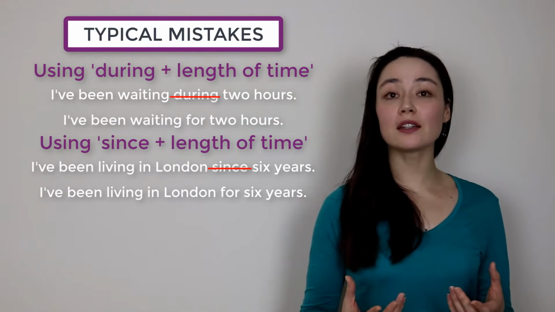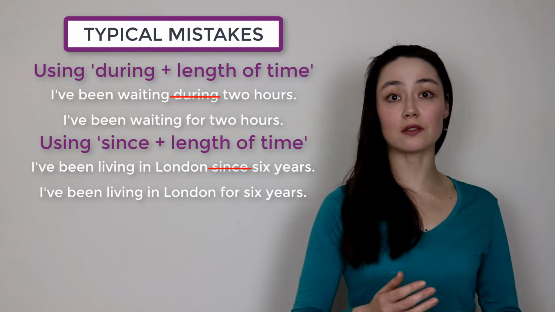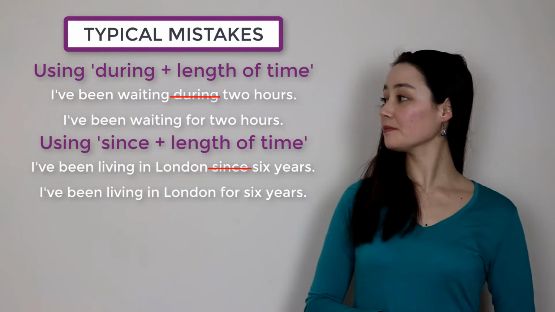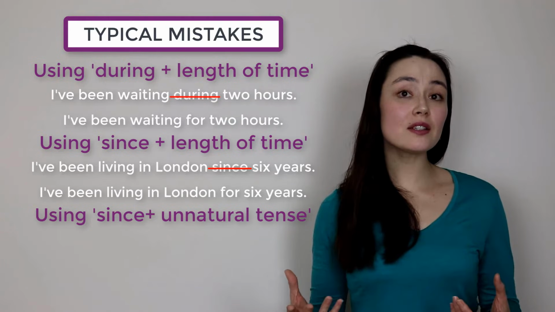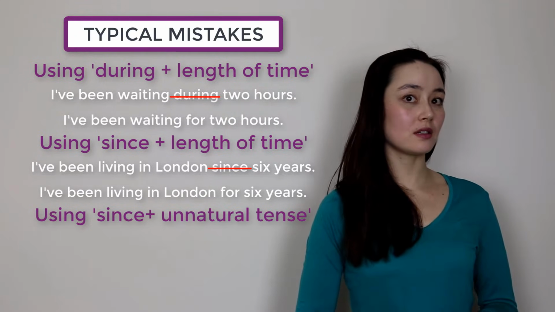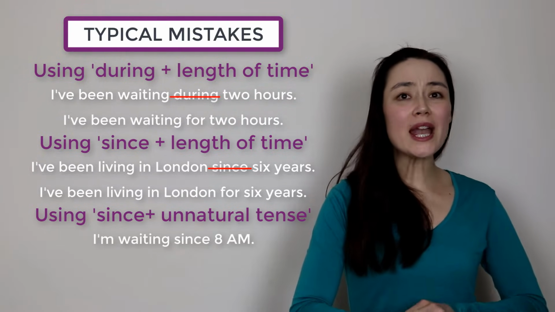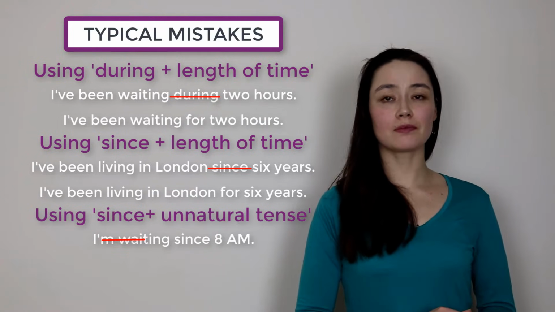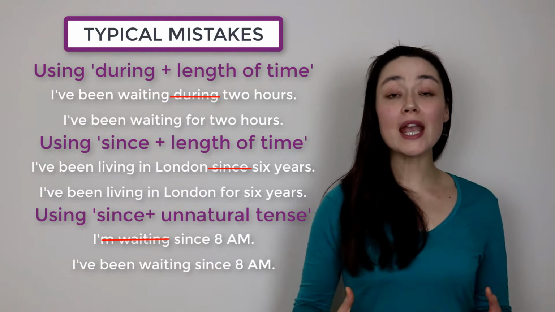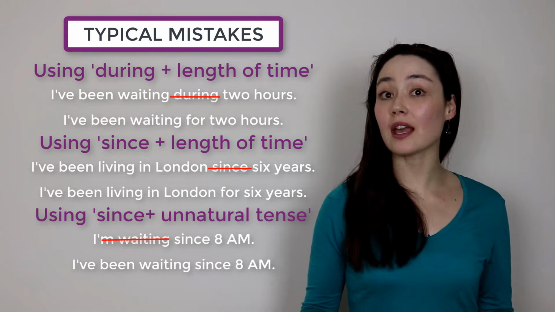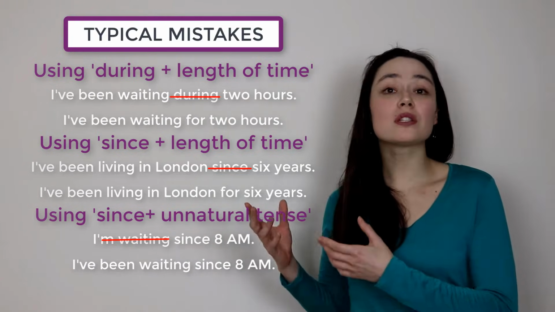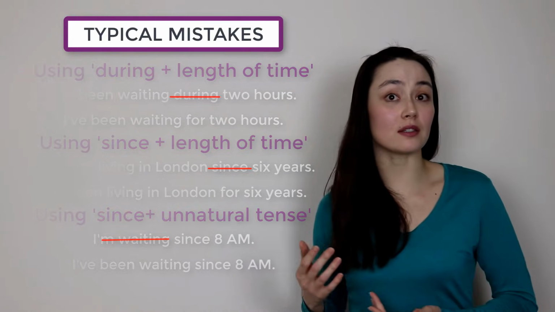I've been living in London for 6 years. Using since with an unnatural tense. I'm waiting since 8 a.m. I've been waiting since 8 a.m. Remember, we use since with the perfect tenses.